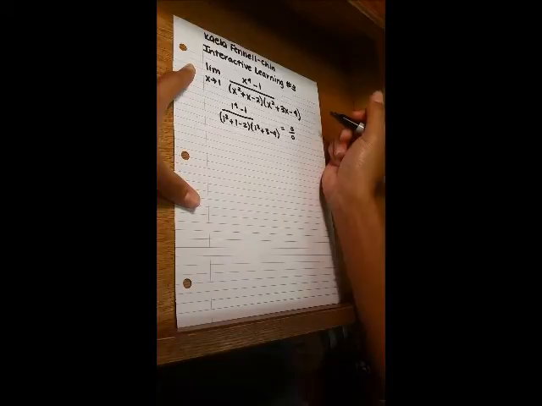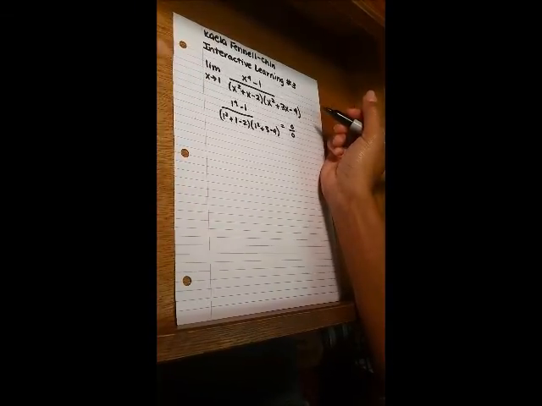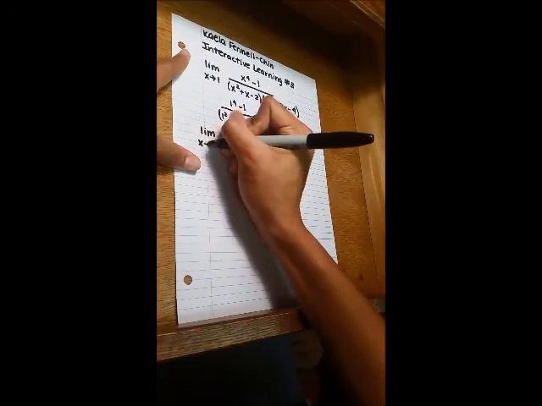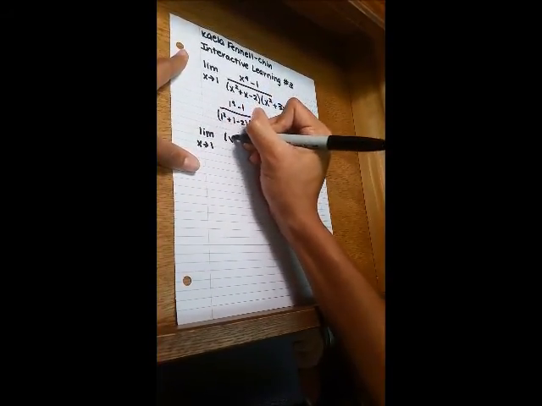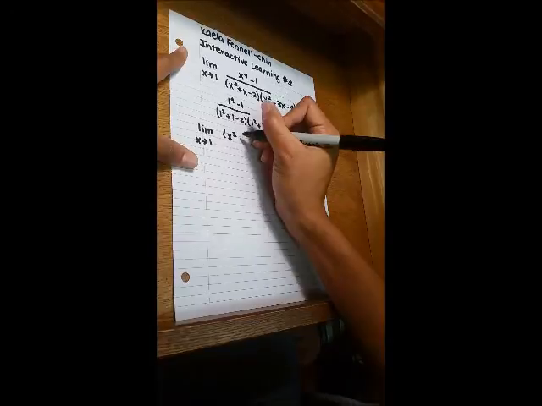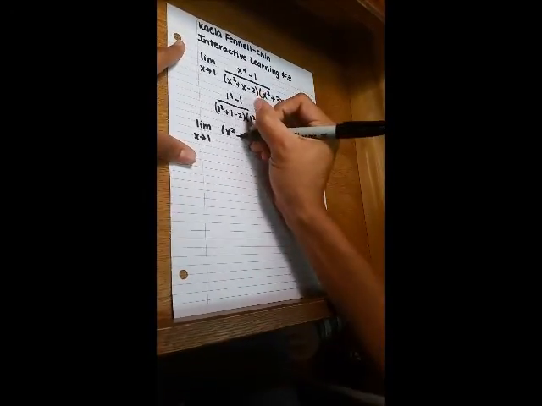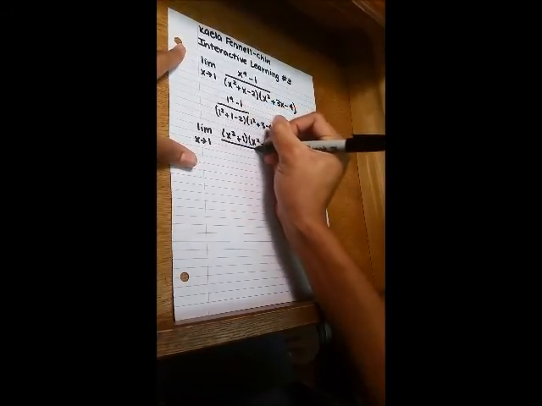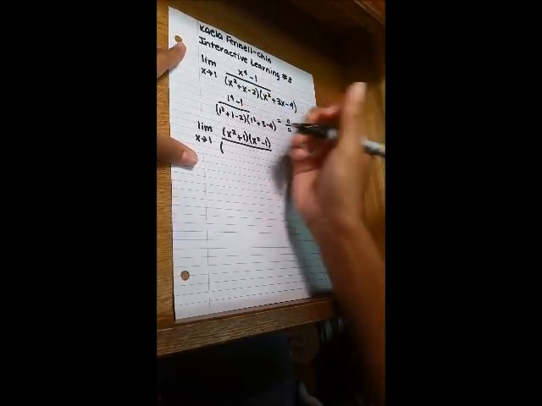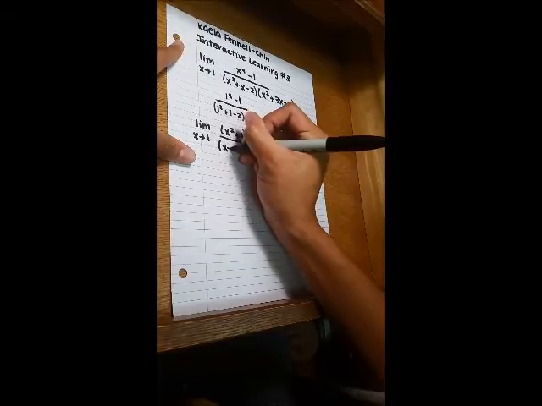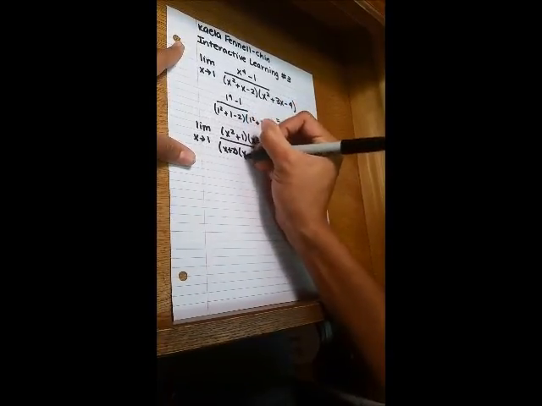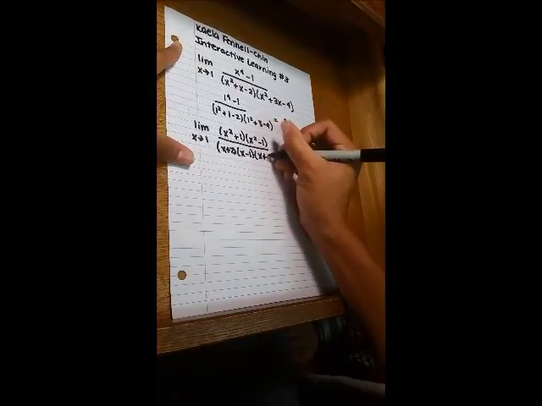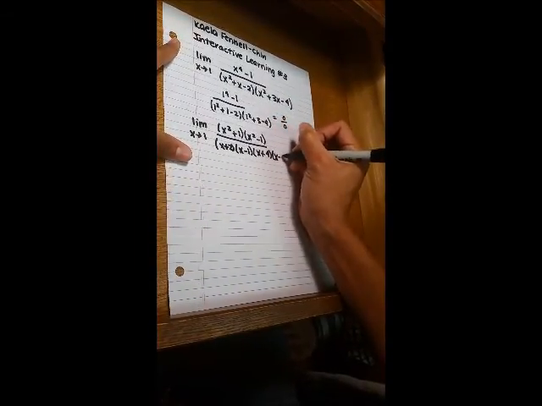So what we can do first is we can try factoring the top and factoring the bottom to see if anything cancels out. So we're going to have the limit as x approaches 1 of x squared plus 1, x squared minus 1 over, if you factor that, you're going to get x plus 2 and x minus 1, and then factor this, x plus 4 and x minus 1.